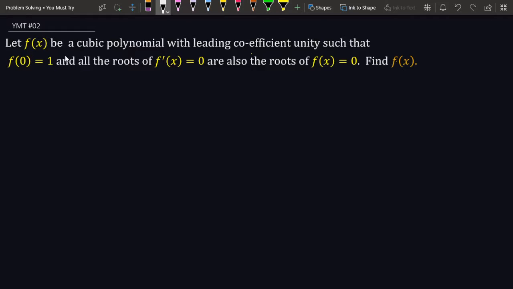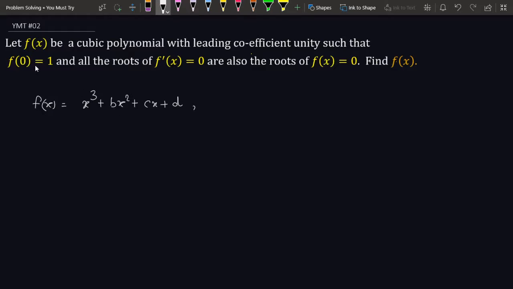Since the function is a cubic polynomial with a leading coefficient unity, we will take this function f(x) as x cubed plus bx squared plus cx plus d. Notice that the leading coefficient should be 1 here, so a is just 1.